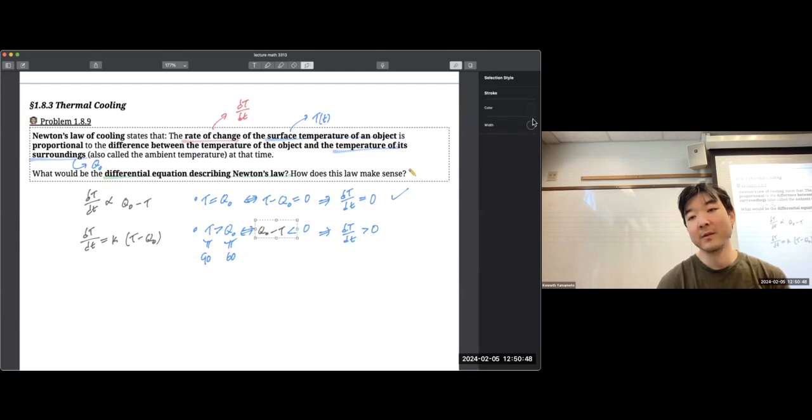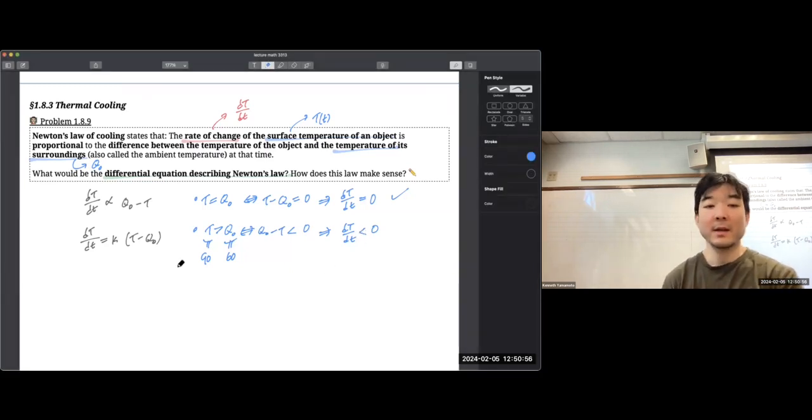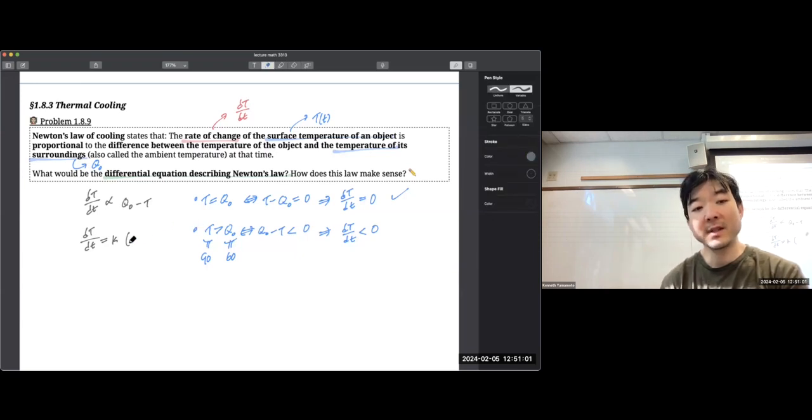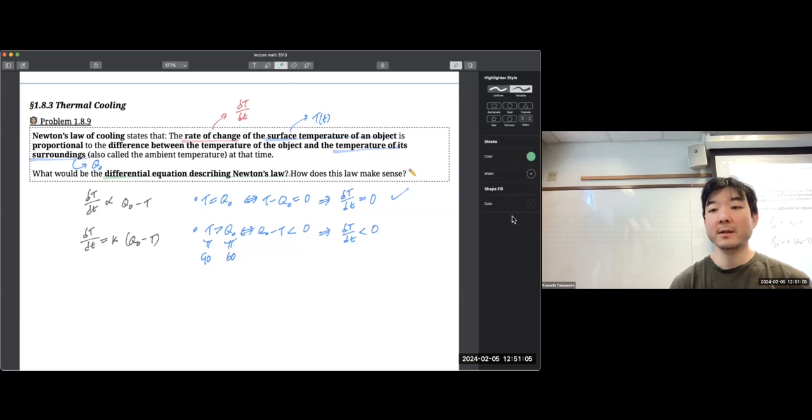And then this direction is actually decreasing. So this ends up being the correct differential equation.